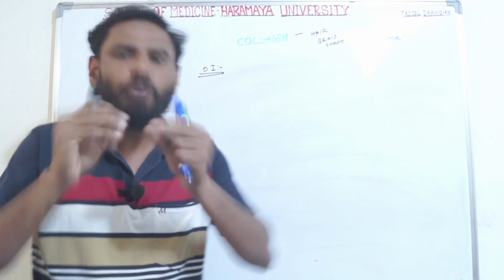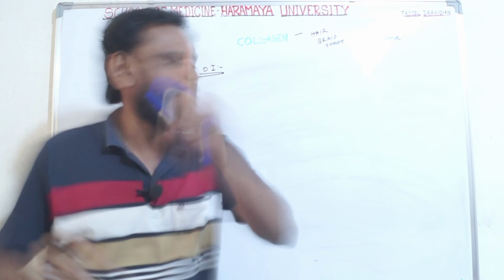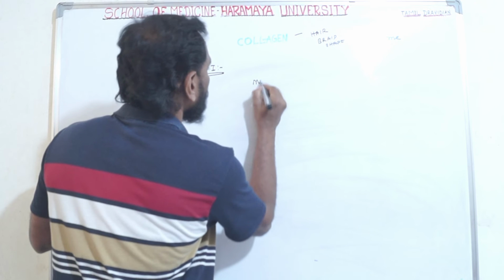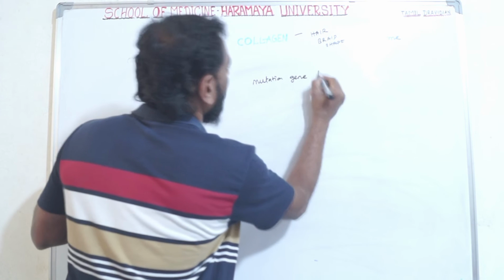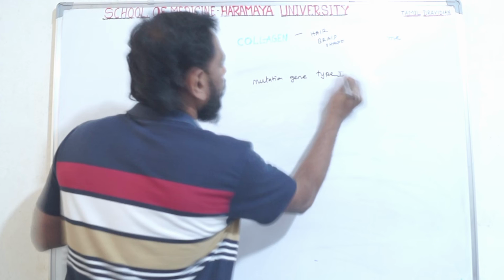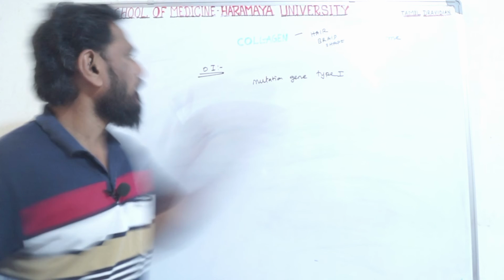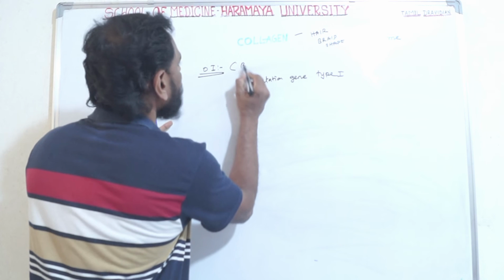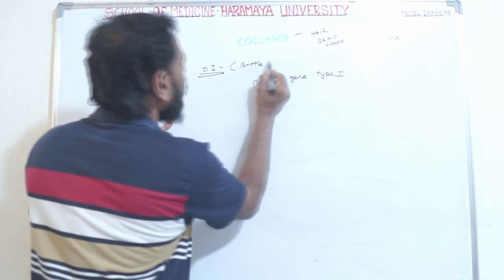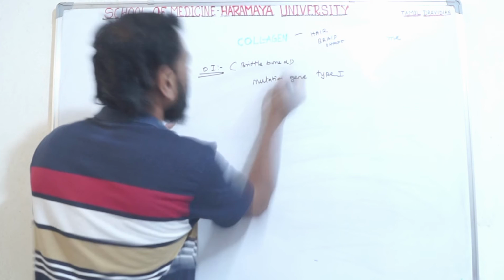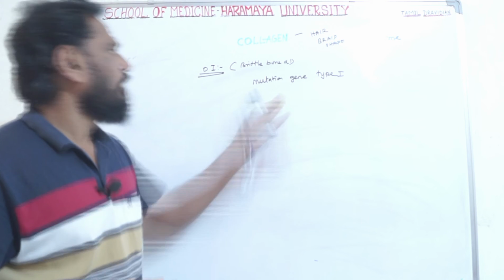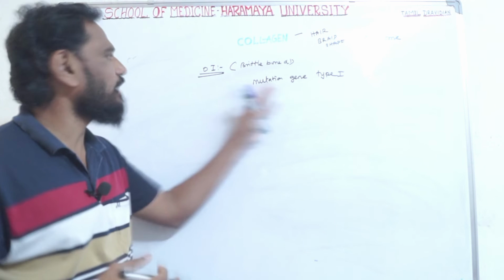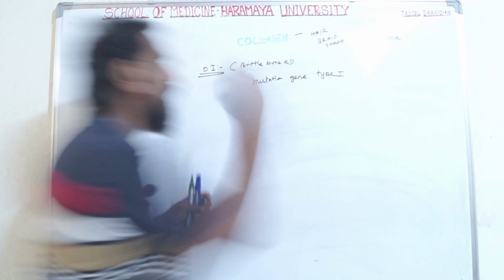Osteogenesis imperfecta means there is a mutation exactly in the type 1 collagen gene. The osteogenesis imperfecta is otherwise called brittle bone disease. That means the bones become deformed and weak. Okay, a bone disorder.